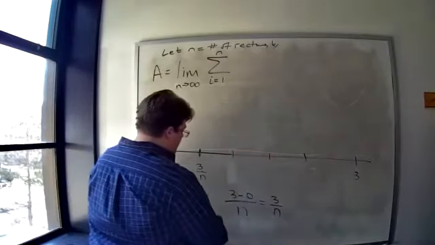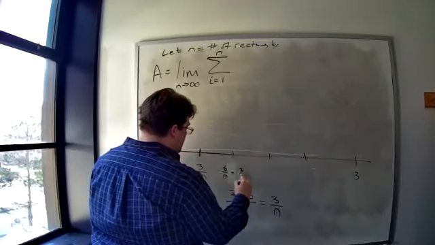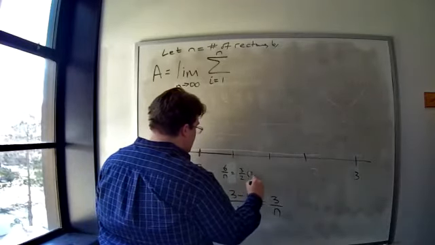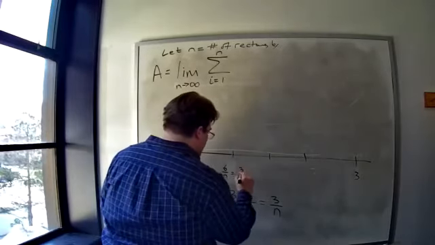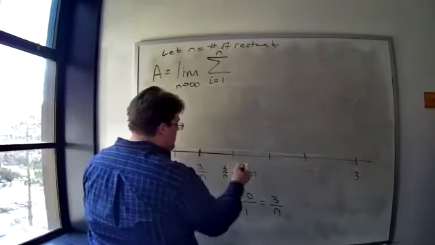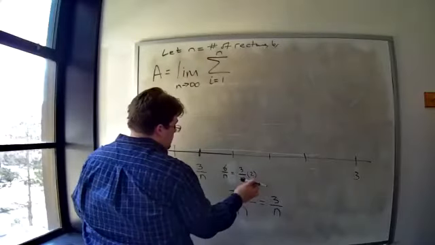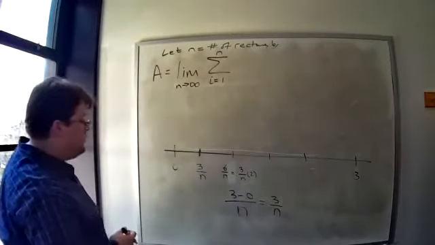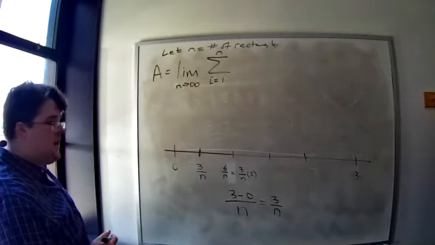So instead of writing it as 6 over n, I'll write it as 3 over n times 2. So this first one is 0 plus 3 over n. The next one, 3 over n and another 3 over n, using this equation, we will interpret as 3 over n times 2. Any questions about that?